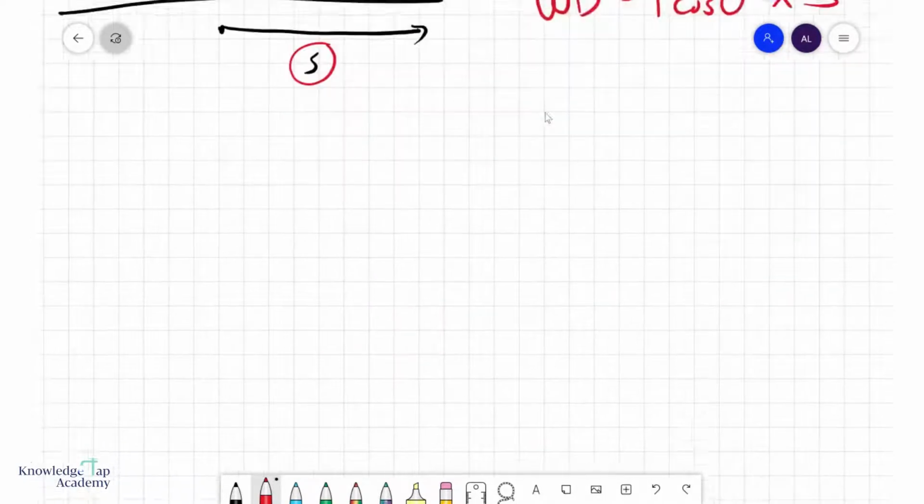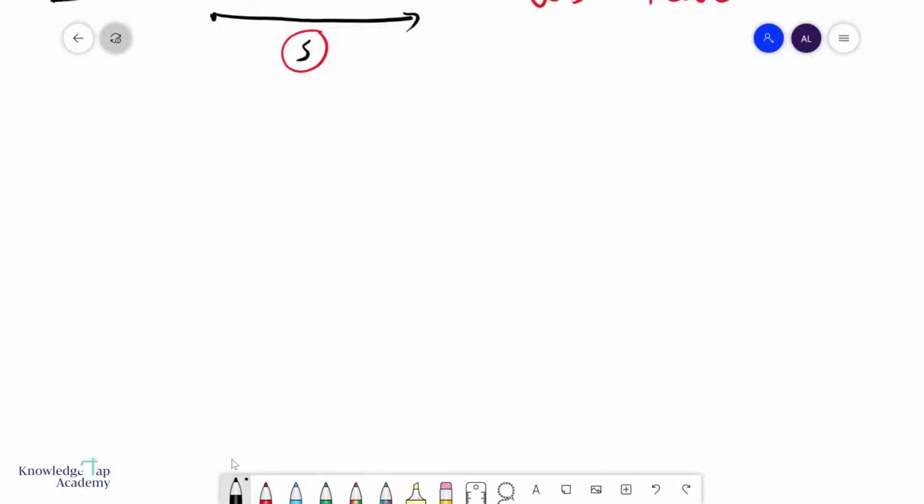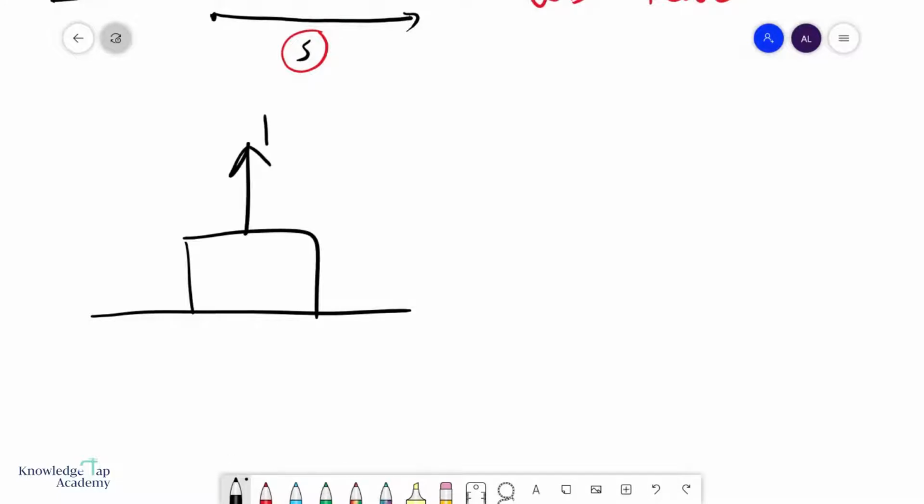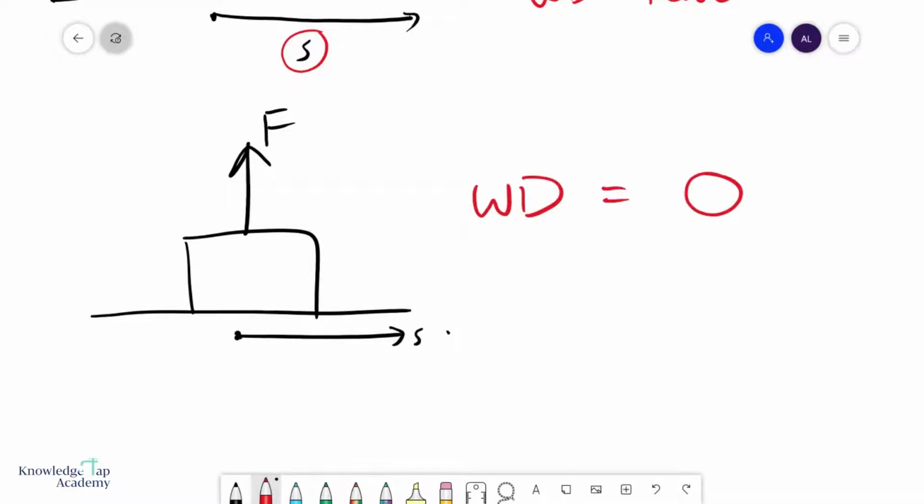And so we have some other interesting scenarios over here. This is an interesting one. If the force is applied in a direction that's perpendicular to the displacement, then by that logic, there is no component of the force in the same direction as this displacement, and therefore the work done by this force is 0.